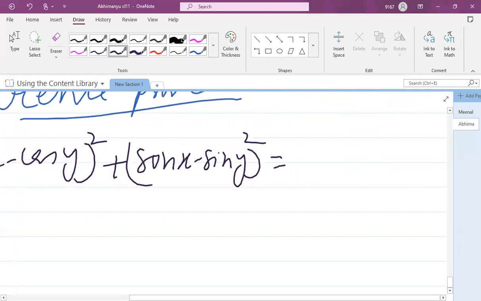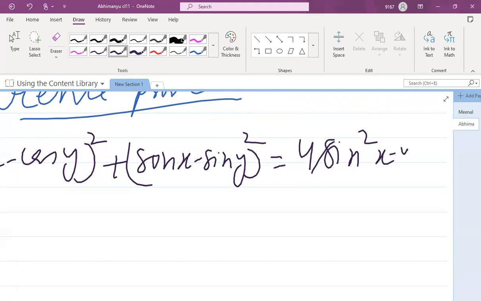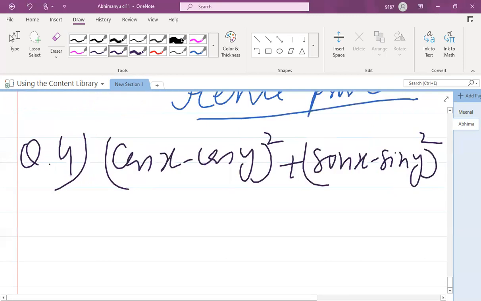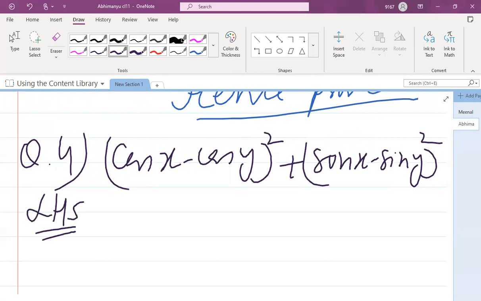Equals to 4 sin square x minus y upon 2. LHS: minus 2, use the identity sin c minus sin d, cos c minus cos d is minus 2 sin c plus d by 2 sin c minus d by 2.